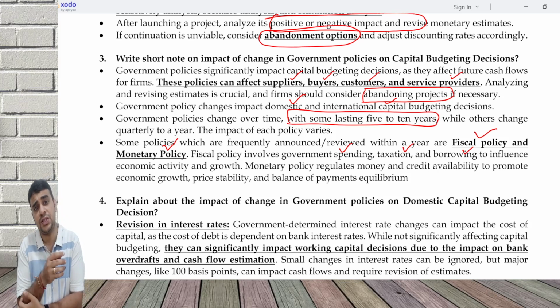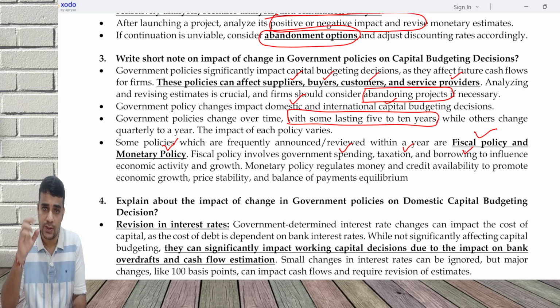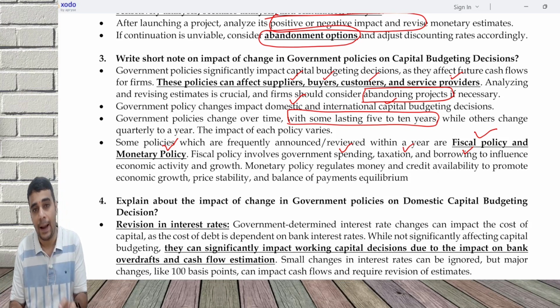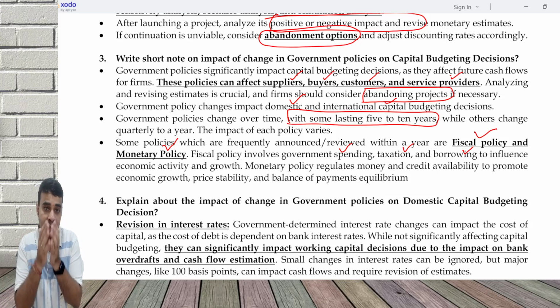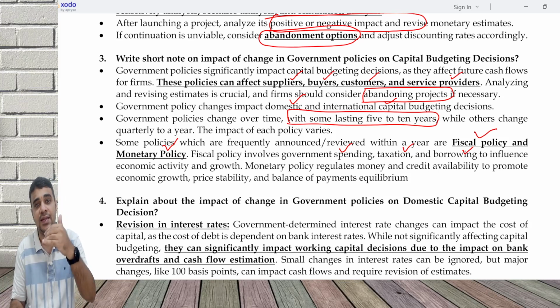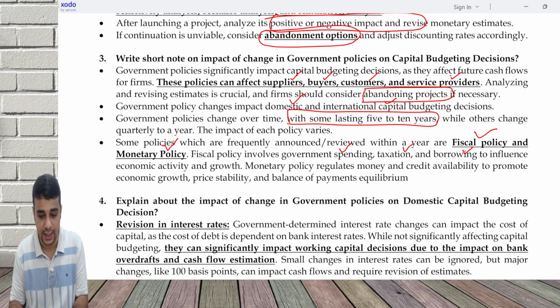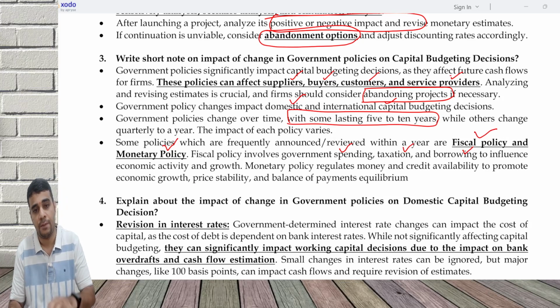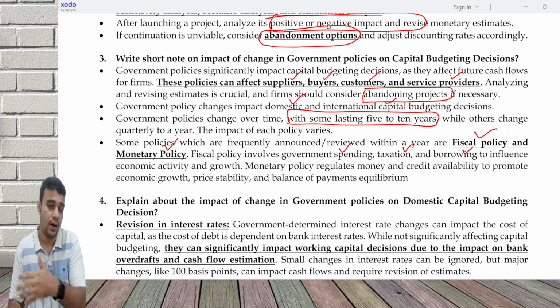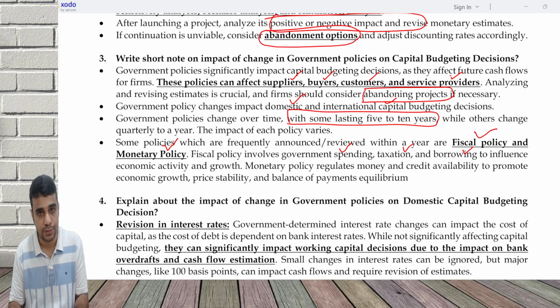When there is a revision in interest rates, it is going to impact my cost of capital. When cost of capital changes, the capital budgeting decision may get impacted, because you're increasing or reducing the discount rate. It can lead to acceptance or rejection of a project, the opposite of earlier: earlier you were accepting, but now it gets rejected, or earlier you were rejecting, but now it gets accepted.